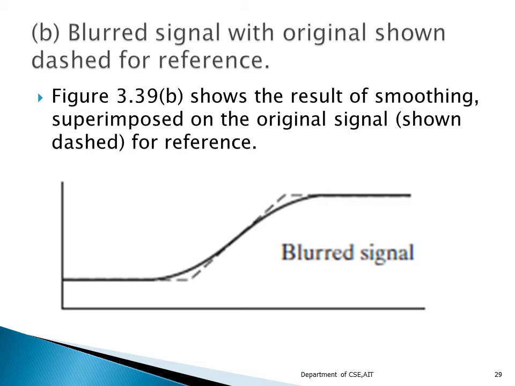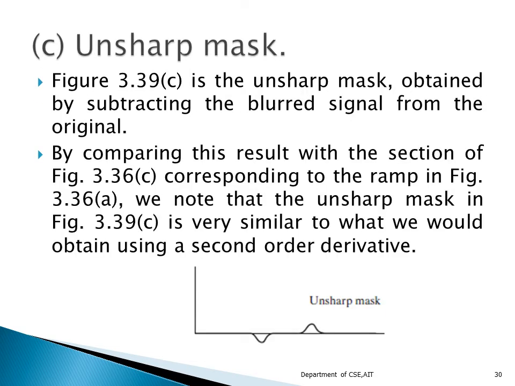So when I apply the smoothing on my original, the signal becomes blurred. This is the result after subtracting the blurred signal from the original. We can compare this with the previous section, the ramp and the intensities. We can see that it is very similar to what we got when we made use of a second order derivative.